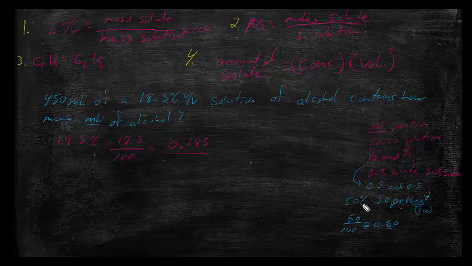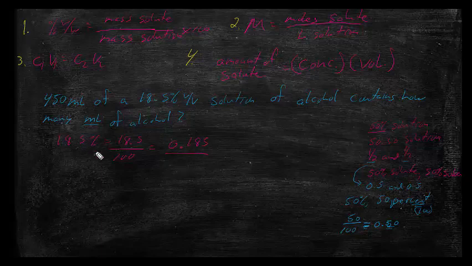So just as with 50% we had to divide by 100, we have to divide by 100 here, and that's because of this term here. I won't go through the algebra, but essentially, if you wanted to solve for mass or the amount of solute, you want to get rid of the 100, you want to get rid of the mass of the solution, so you have to divide each side by 100, right?